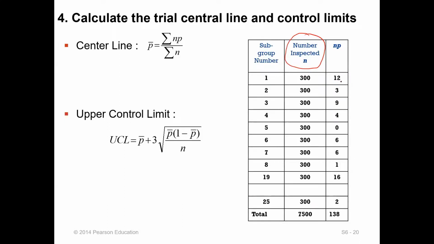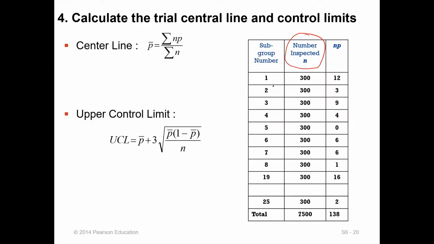And NP is the number of defective items that you found at each subgroup. For example, in subgroup number 1, you collect 300 samples. Out of the 300, 12 were rejected because they don't comply with the quality characteristic that you have specified. So the center line is equal to the total number of defective items.